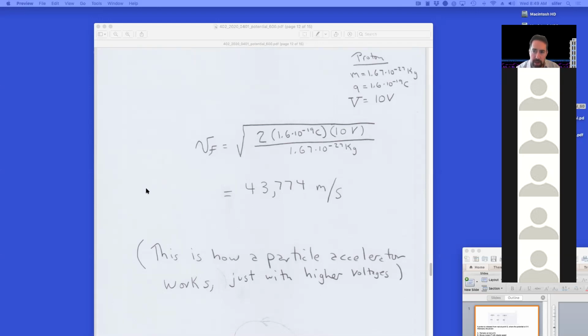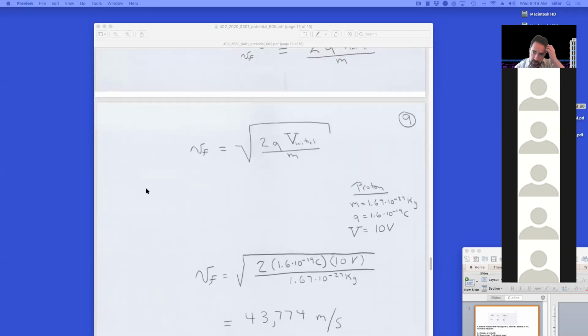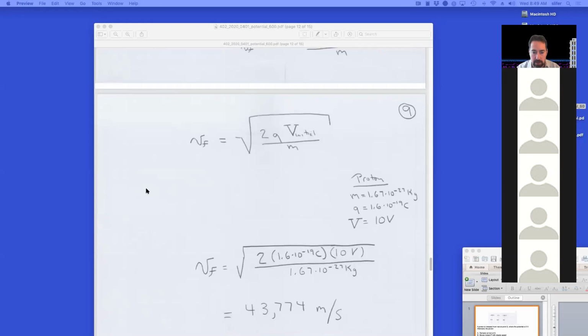It's the basis of how televisions were devised, how oscilloscopes were created. It is still to this day the basis for how X-ray machines are operated. This simple idea of putting a charged particle in a potential difference and it accelerates is the basis of a huge amount of modern technology.